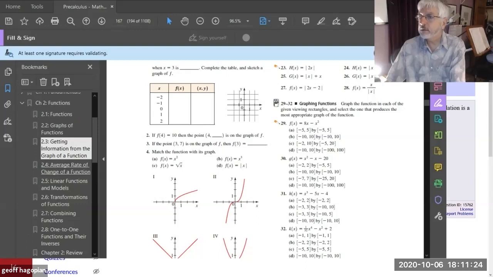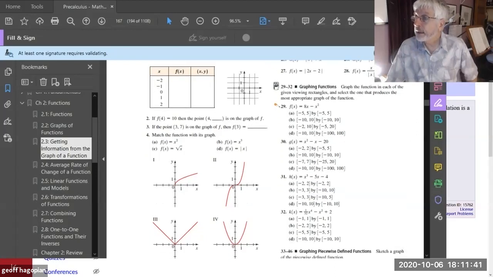The average rate of change of a function, linear functions and models. And we want to move right on to transformations of functions. I'm going to assume that linear functions are fairly well known, so I'll just gloss over those, hitting the key points.